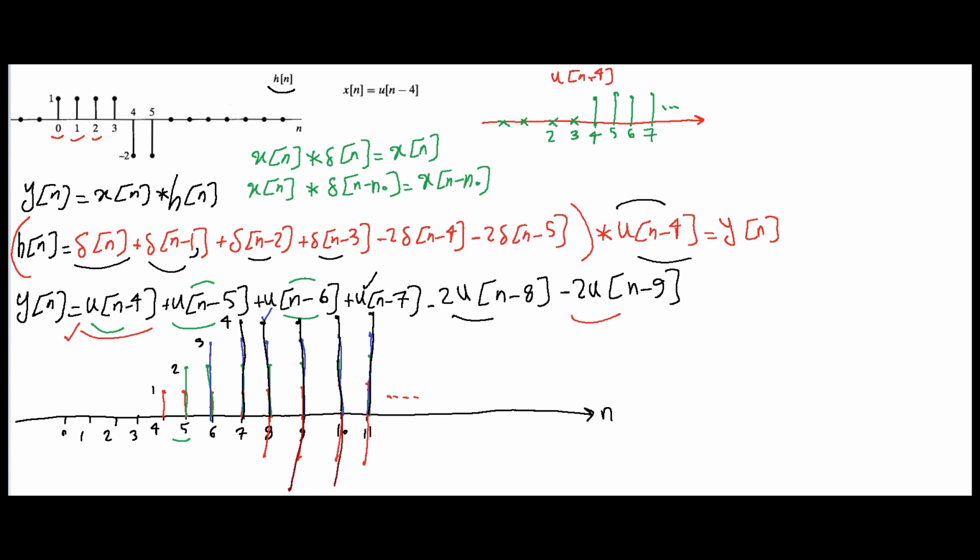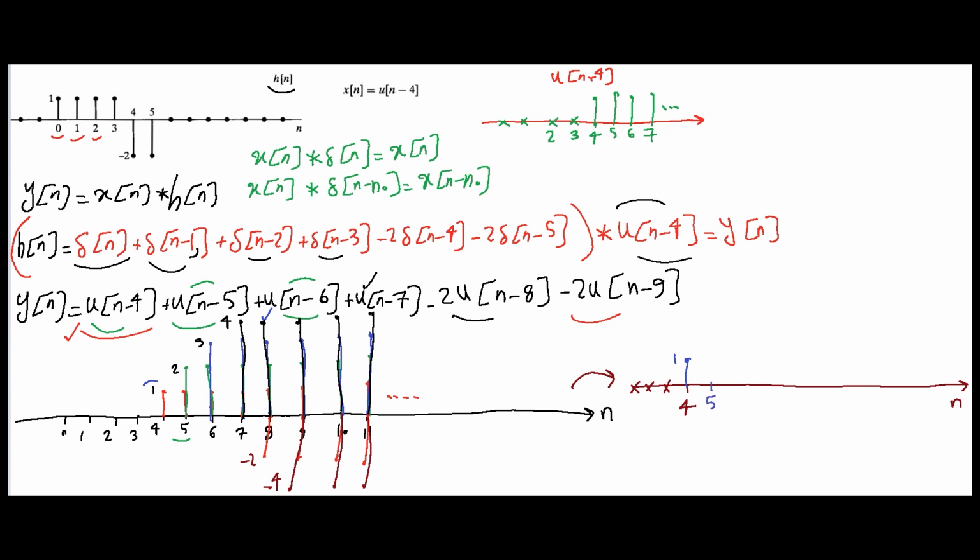Now let's add all the signals sample by sample. For all values before n equals 4, every signal is 0. At n equals 4, only one signal contributes, so the output is 1.